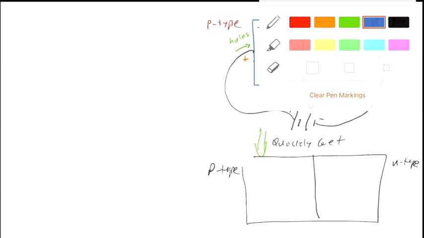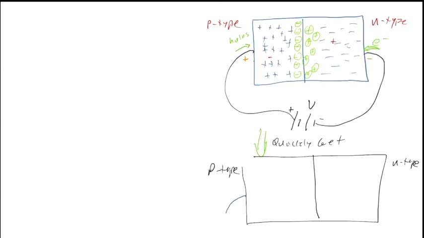I didn't leave myself enough room to draw this battery in very well. So we've got a plus and a minus, and we've got a bunch of plus charges here. We're going to quickly get the situation where there's very little depletion left.